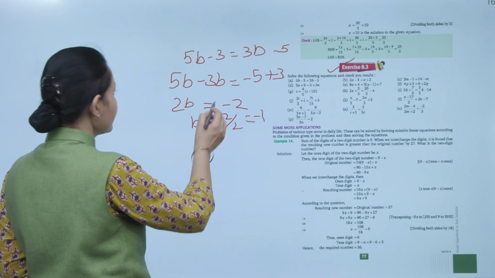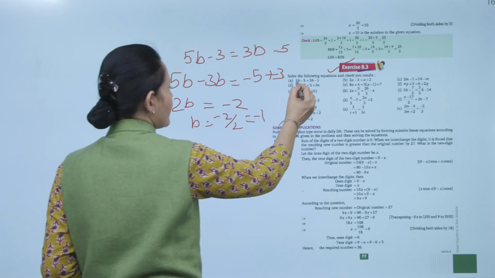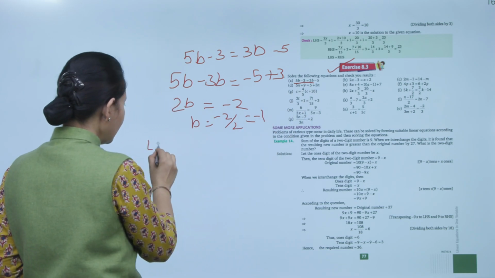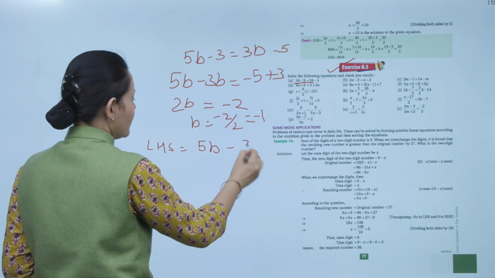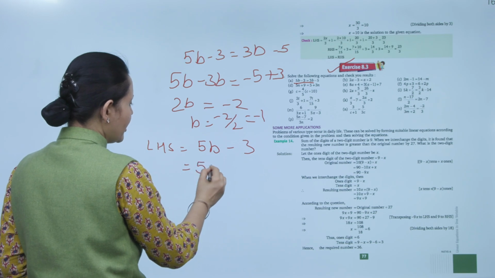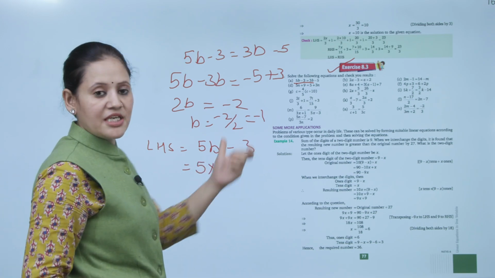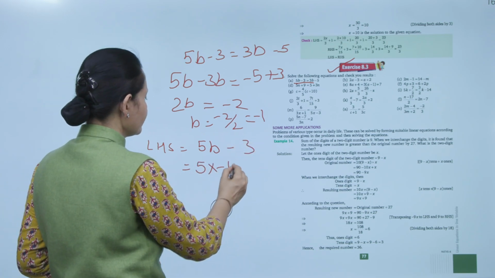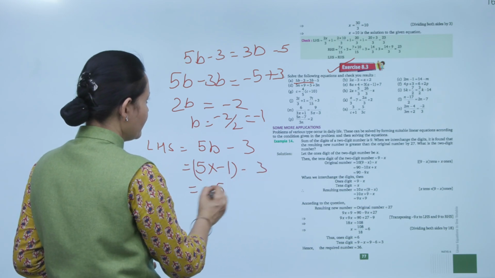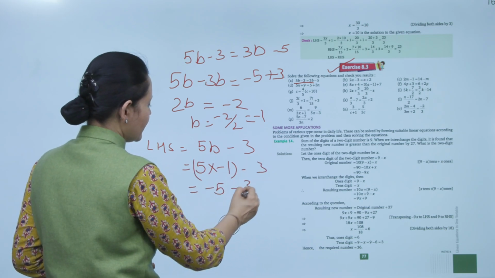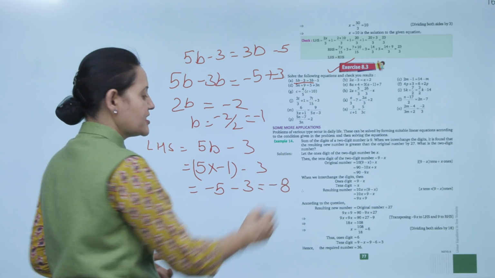Now we'll check. First, put the value in the left hand side, that is 5b minus 3. So 5 multiplied by b equals minus 1, minus 3. So minus 5 minus 3, that is minus 8.